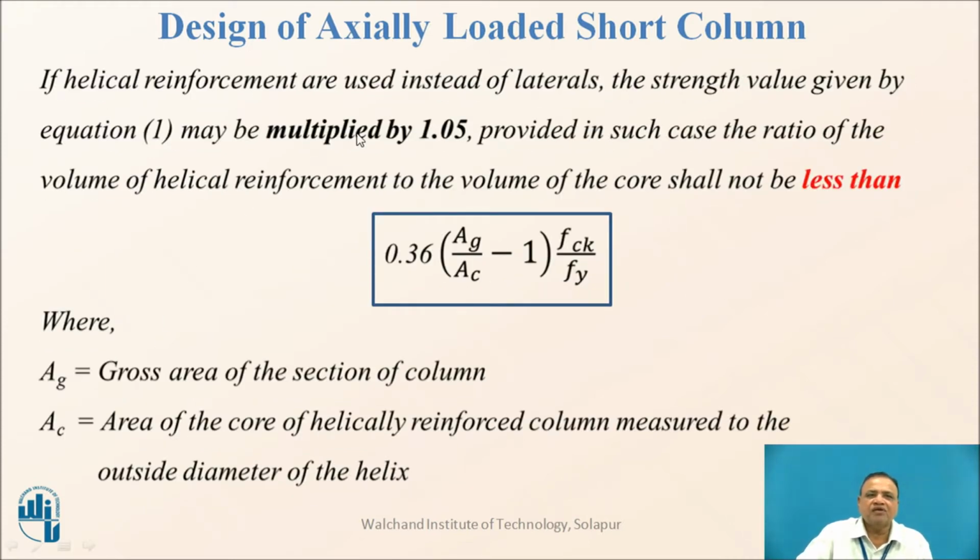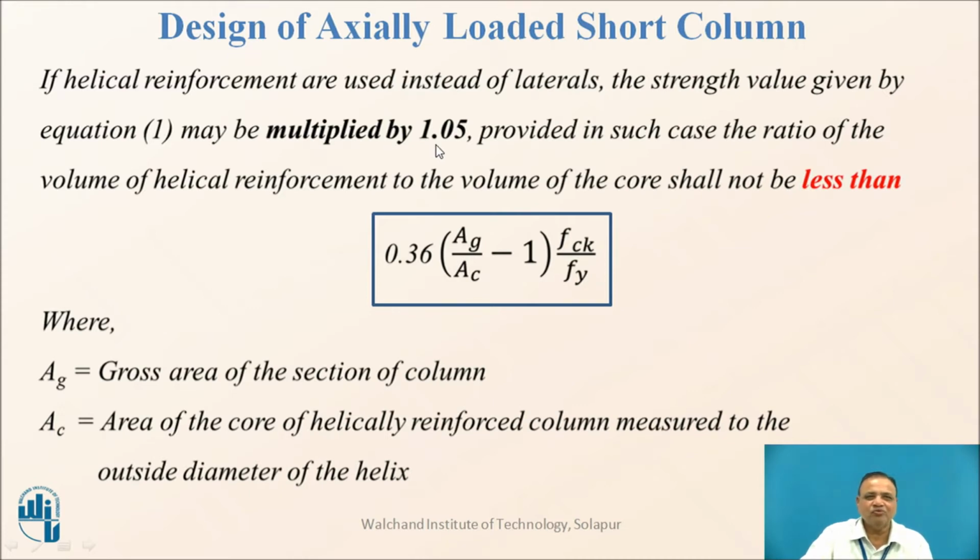If helical reinforcement is used, which we use in circular columns instead of lateral ties, the strength value given by equation 1, which we have seen in the last slide, may be multiplied by 1.05.